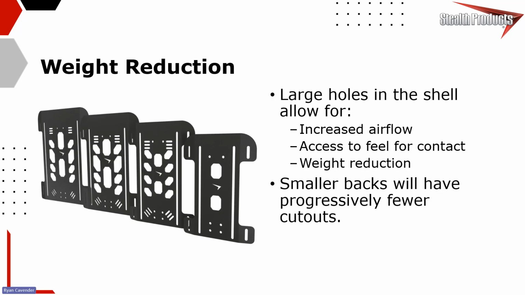Those cutouts also give you a spot where you can get a finger or two in there and feel for pressure and feel for contact and check that you've got that client sitting how they need without necessarily having to push the client forward to check for that stuff like you might when that is a fully closed off back support.